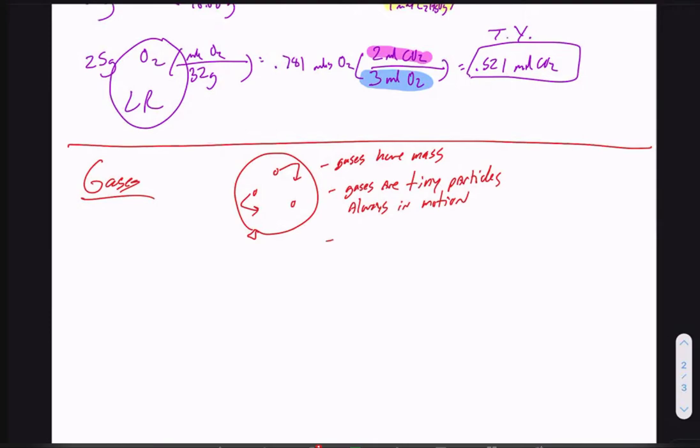So gas particles collide with container walls. There's lots of space in between.